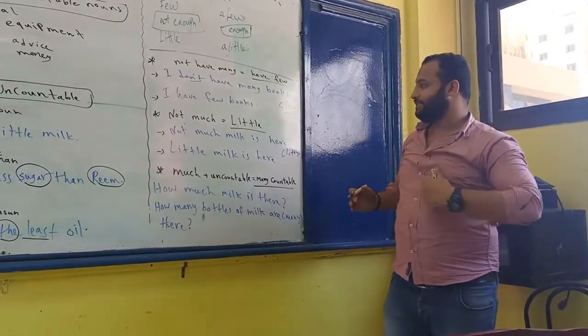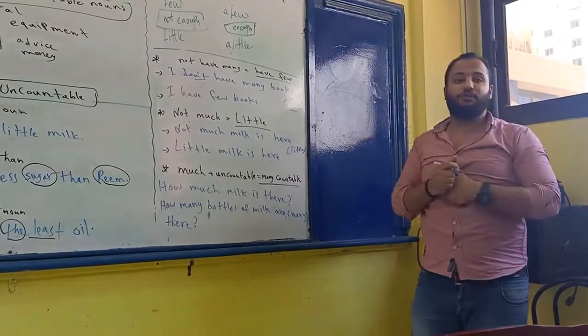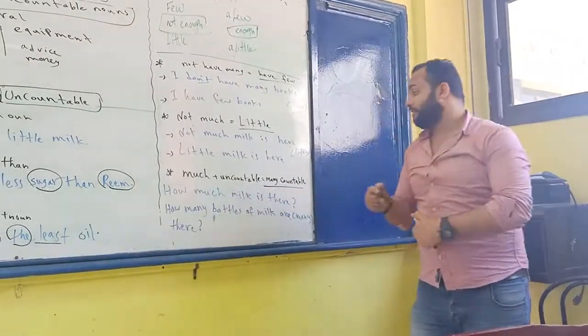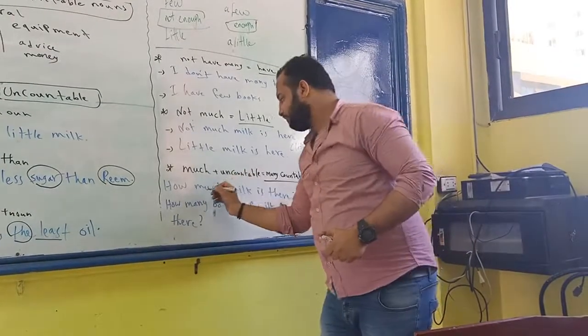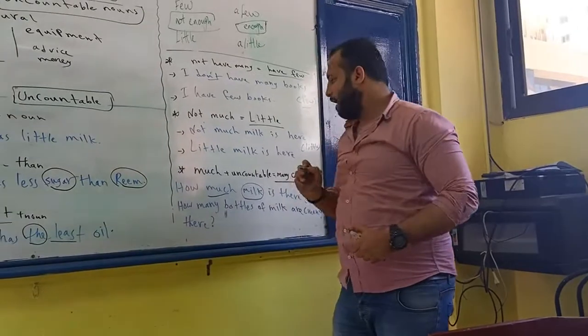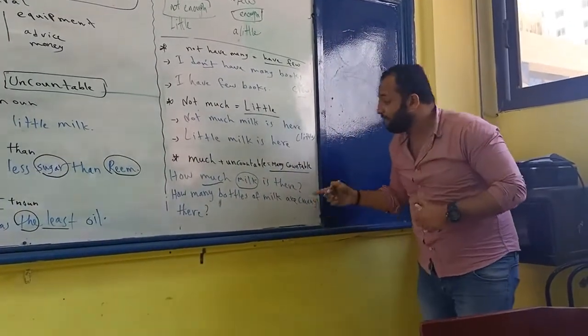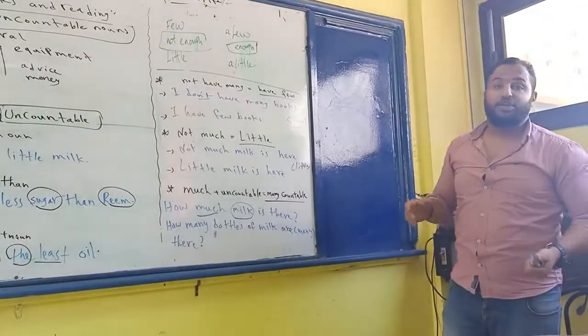Little milk is here. Much plus uncountable means many plus countable. For example, how much milk is here? How much? Because it's uncountable. How much milk? I want to use many. How can I say that? Can I say how many milk? No, it's uncountable.